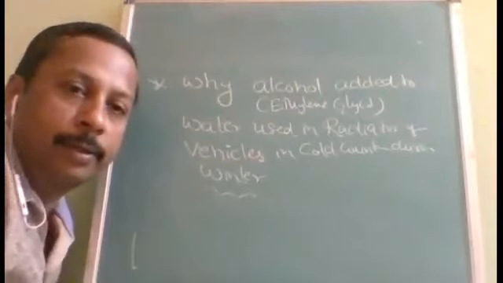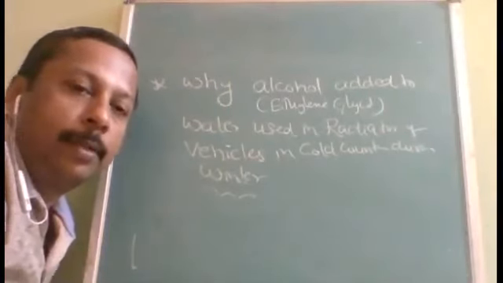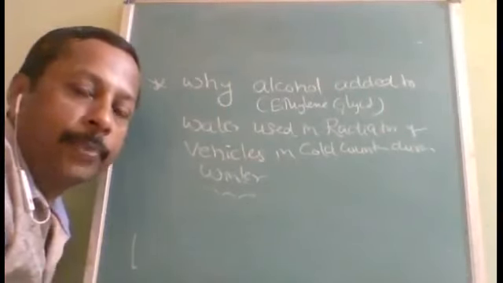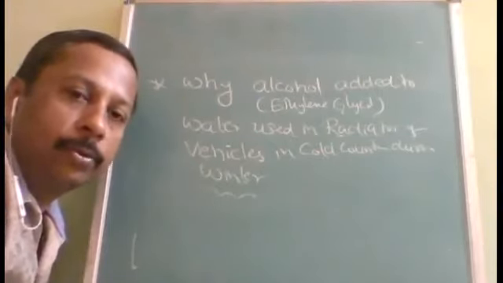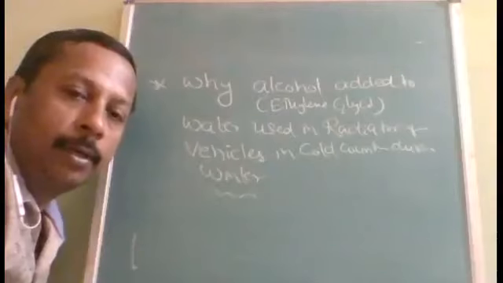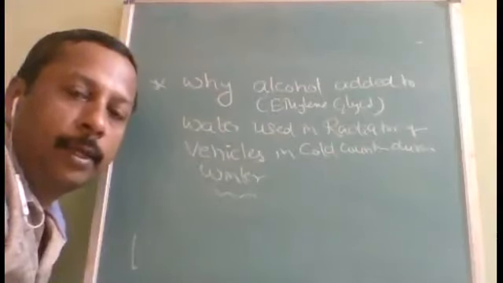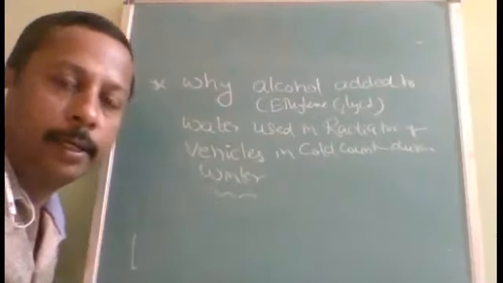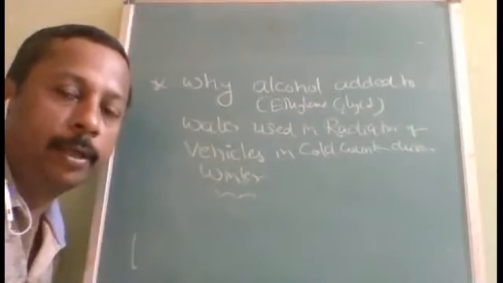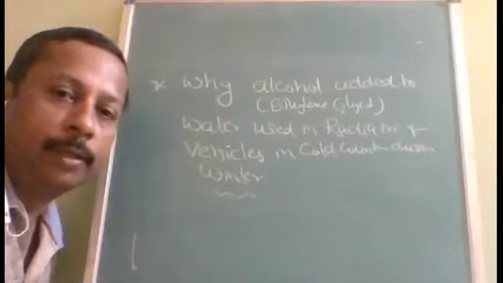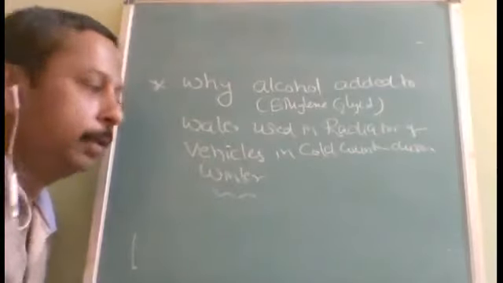That is again an application of depression of freezing point only. Ethylene glycol is a non-volatile solute and water is a volatile solvent. So when ethylene glycol is added to water, it reduces the freezing point and avoids the formation of ice in the radiator.